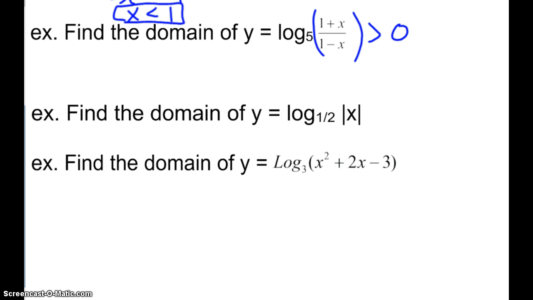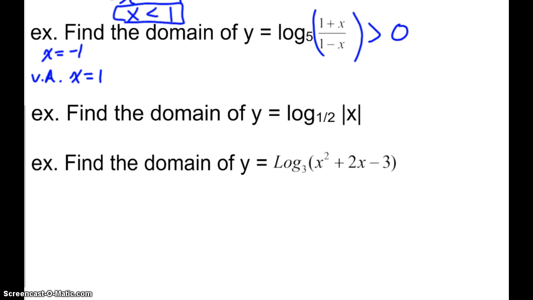And what are the critical numbers? The critical numbers would be the x-intercepts, if there are any, and the vertical asymptote, if there is one. So if we look at this function, the x-intercept will be negative 1. The vertical asymptote would be x equals 1.